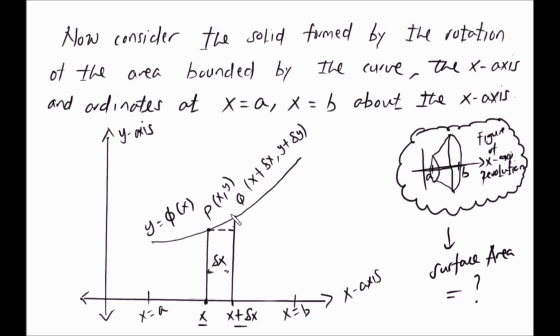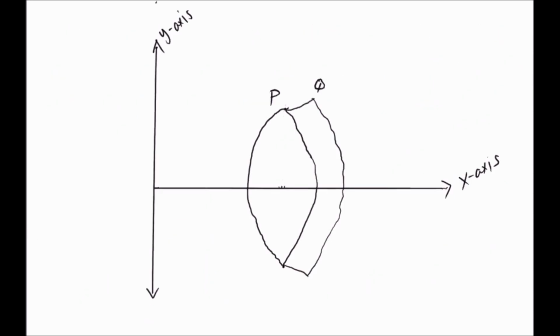So kama hiko kisehemu p mpaka q ndo kiko rotated about the x axis, tapata figure ya aina hii. So hiyo figure inayopatikana hapa is just like ile frustrum. The only difference upana ni delta x.